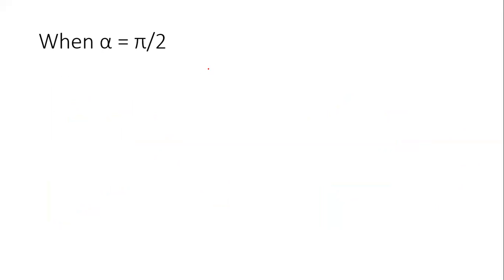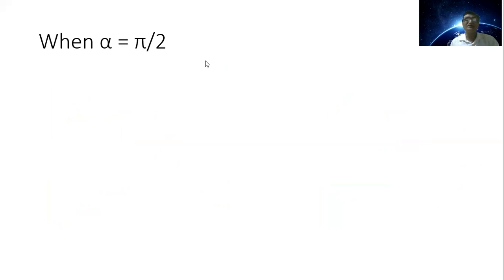when alpha is equal to pi by 2, what do we get here? x square upon a square plus y square upon b square minus 2xy upon ab cos pi by 2 is equal to sine square alpha, that is sine square pi by 2.